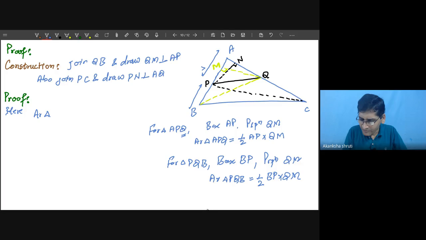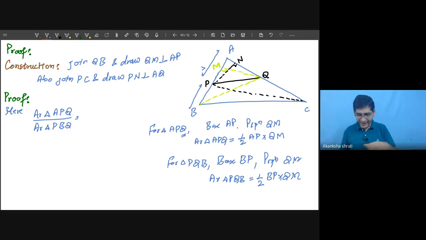So take the triangles formed on side AB, means the two triangles formed at dividing point P. One is our APQ, another one is PBQ. So write area of triangle APQ divided by area of triangle PBQ. You just write this ratio.